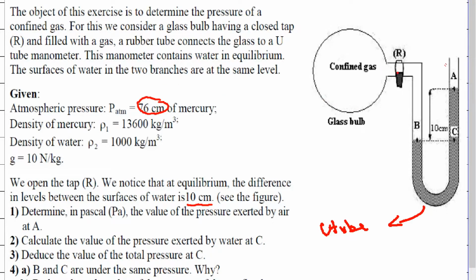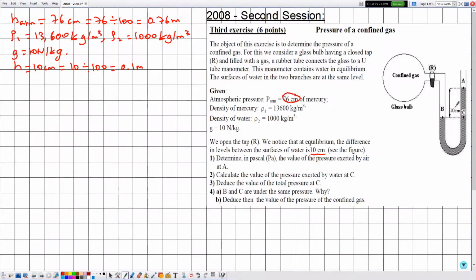So before opening the tap R, the water in the two branches is at the same horizontal level like this. The moment we open the tap R, this confined gas will exert pressure at the point B. Therefore the point A, which was previously at the same horizontal level as B, will rise. Then the difference between the points B and A is given by 10 centimeter.